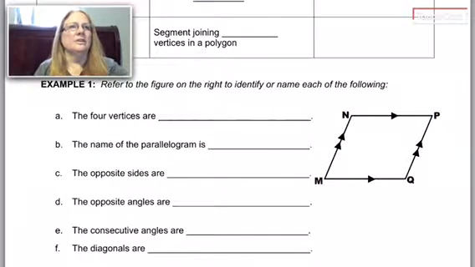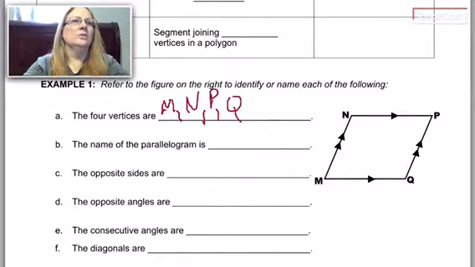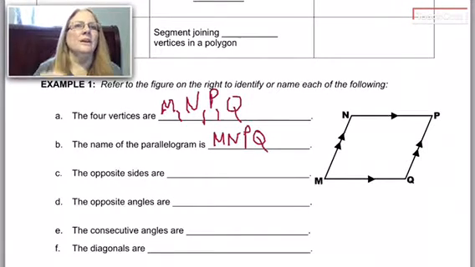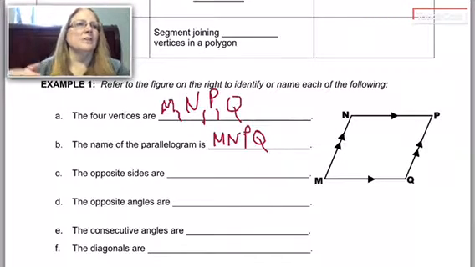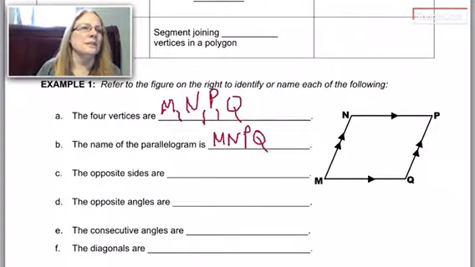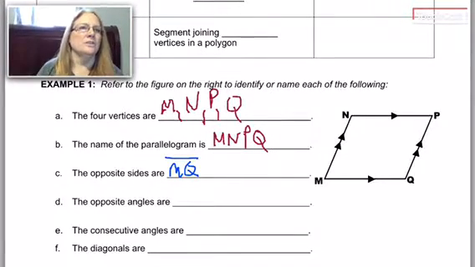All right, so now the opposite sides. Let me clear this. Okay, so I'll go back and put M, N, P, Q, and M, N, P, Q. Now the opposite sides. So the opposite sides are the sides across from each other, and sides are segments. So you're going to put MQ, and you're going to put a line over it to show that it's a segment.